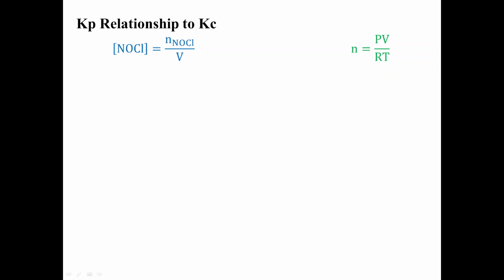So PV over RT. So we can plug that in for our moles, and we'll get the partial pressure of NOCl times the volume divided by the volume, and then divided by RT, or the ideal gas constant and temperature. So now, since we have volume over volume, we can actually reduce this down a little bit. So it will just become the partial pressure divided by RT.